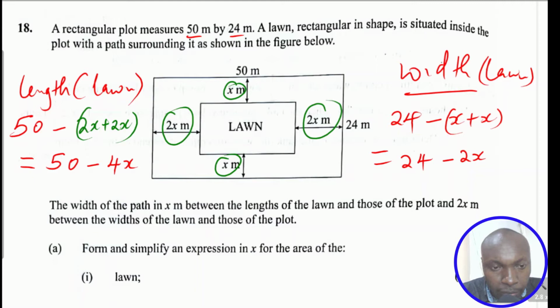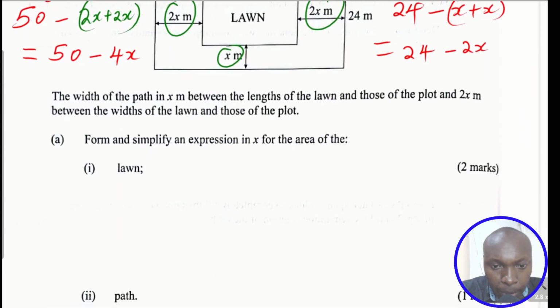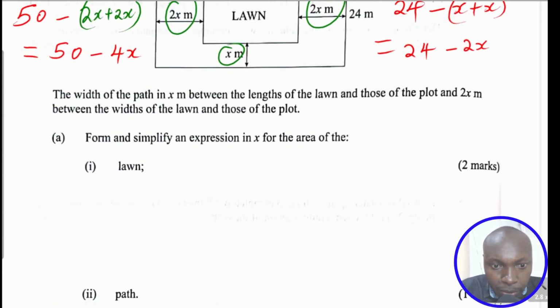So now we have the length of the lawn, which is 50 subtract 4x, and the width of the lawn, which is 24 subtract 2x. To get the area, remember this one is rectangular in shape, so the area is just given by length times width.